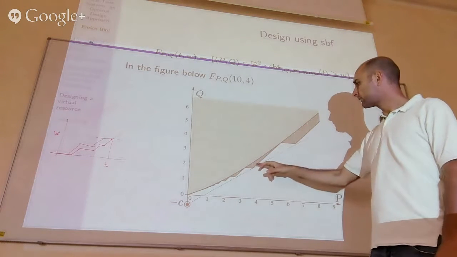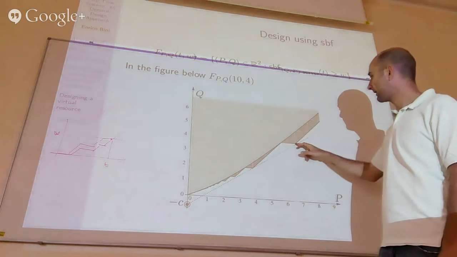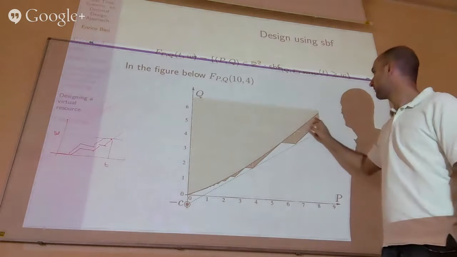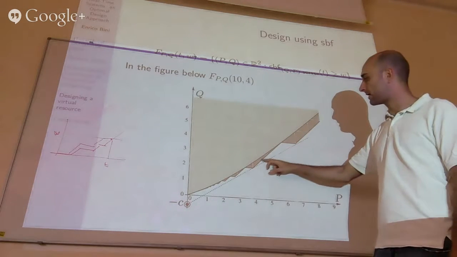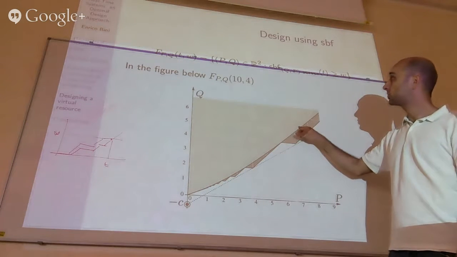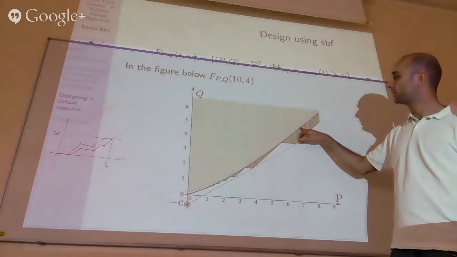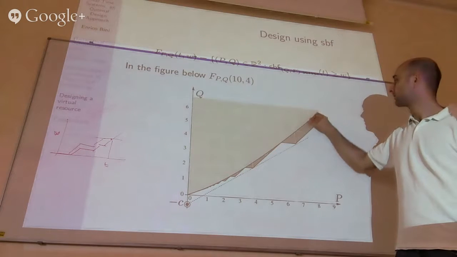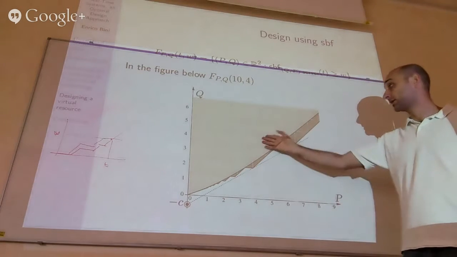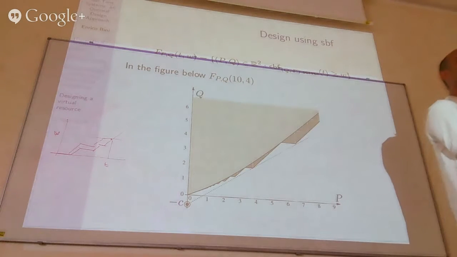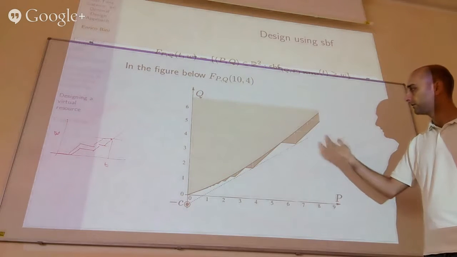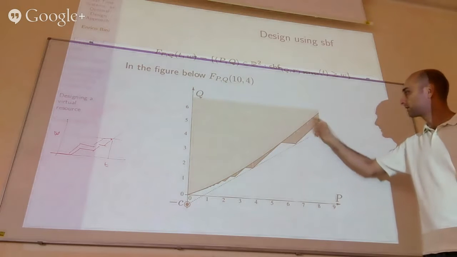What I was saying is that here I draw both the exact region, FPQ of 10,4, whose boundary is this one, and here I overlap on the same plot the region that you would achieve with the linear lower bound function, translated into P and Q. Of course, this is smaller because the linear lower bound has some loss, and the loss is quite easy to visualize.